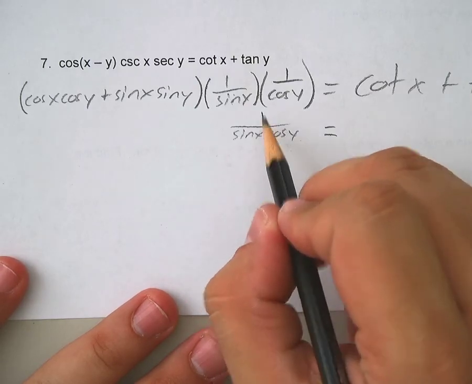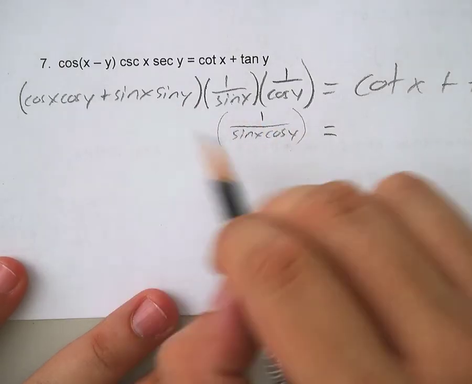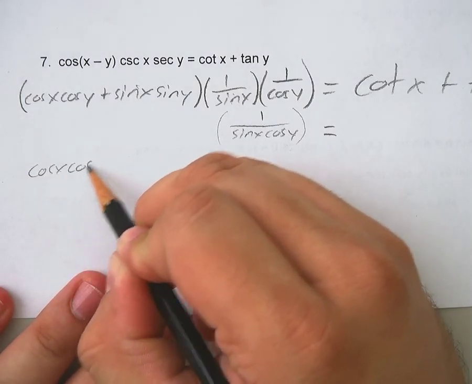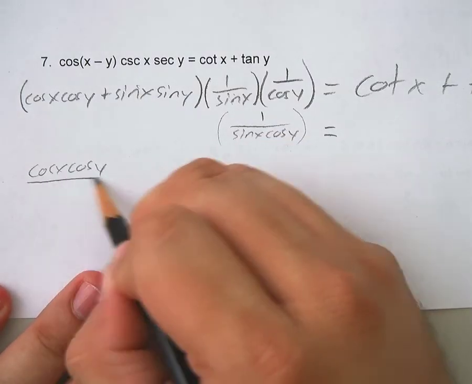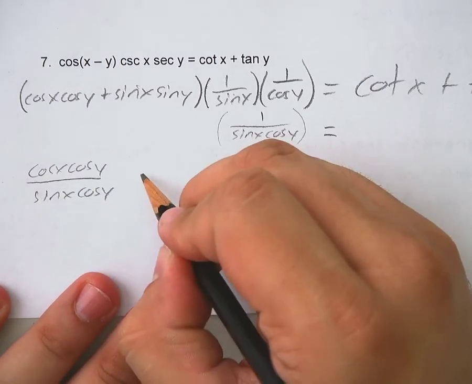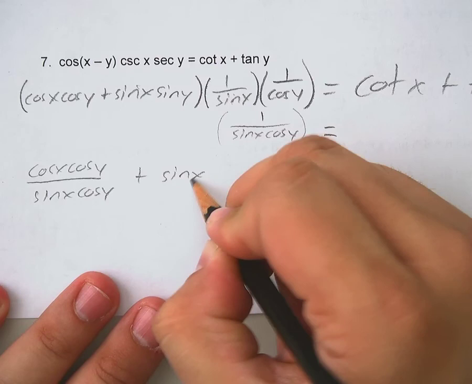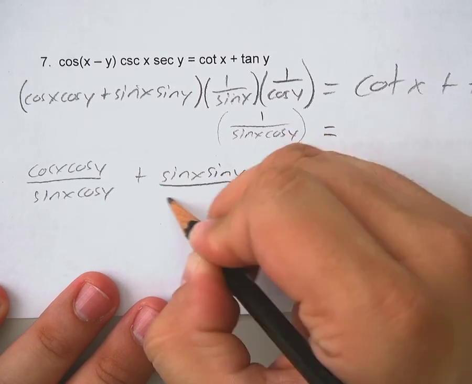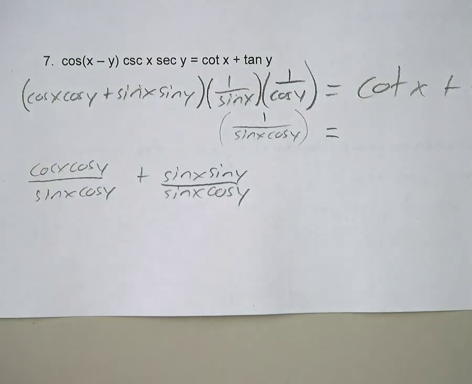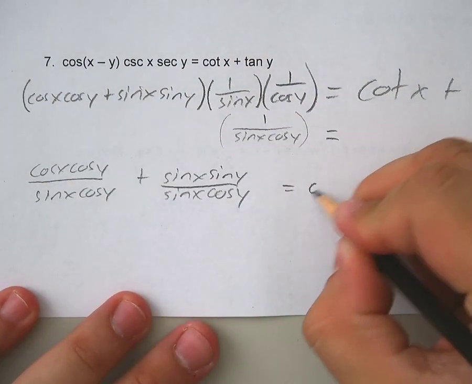Let's multiply this to both of these. So I've got cosine x cosine y over sine x cosine y plus sine x sine y over sine x cosine y. Much better.